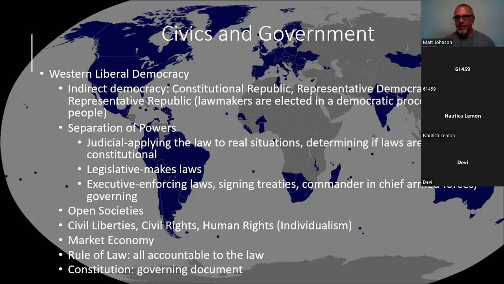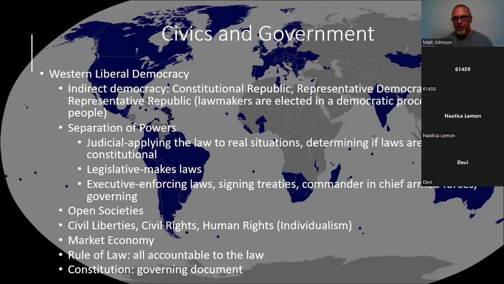Every state has a similar bicameral legislative branch, except for Nebraska, which only has one. They have a monocameral legislative branch. Why? I don't know. But it still has that separation of powers between a judicial branch and executive branch, but they only have one chamber.